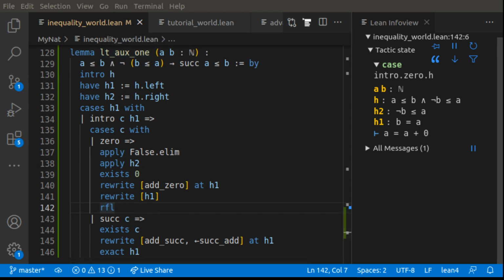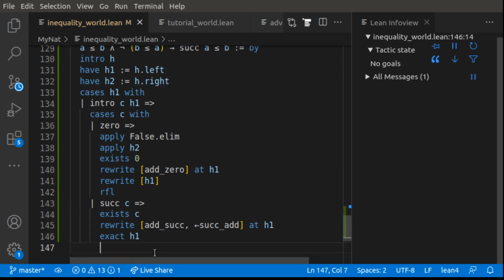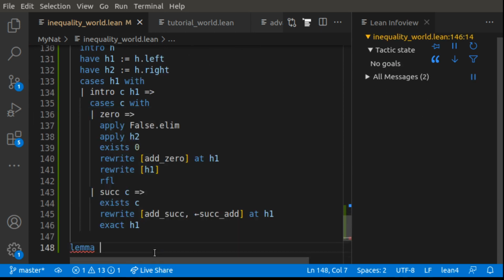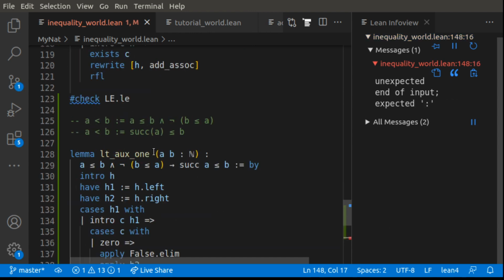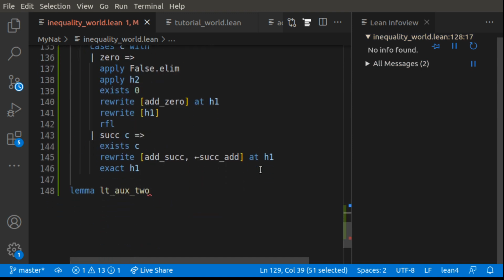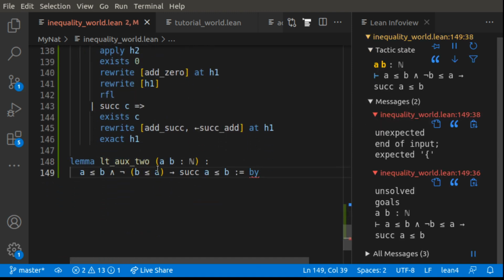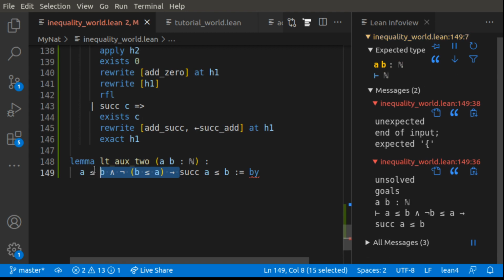And now let's prove the other way. Now we want to prove lemma less than auxiliary 2. Let's just copy over this, and we'll swap the ordering of the two expressions.